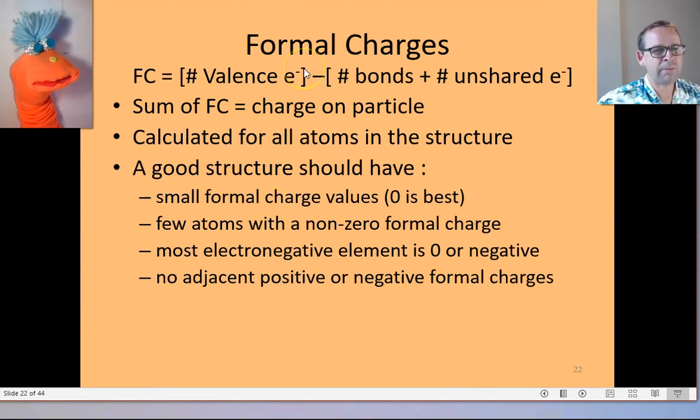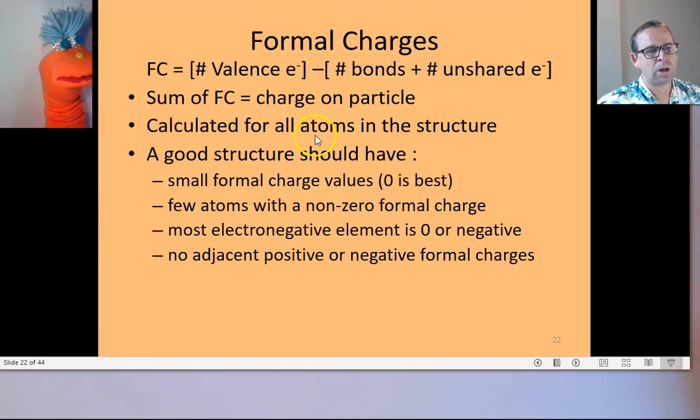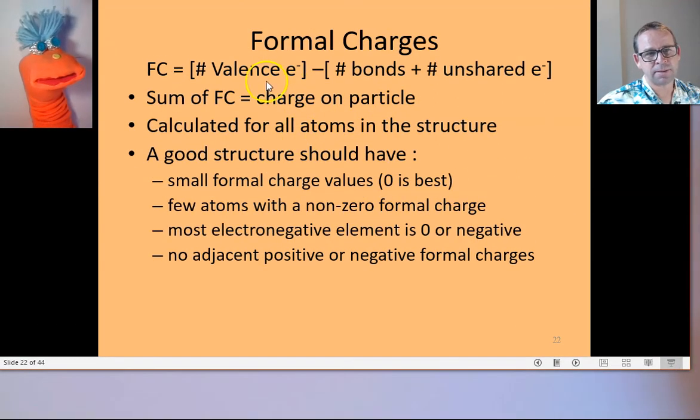This idea of having the appropriate number of electrons right around them is called their formal charge. And essentially what you're looking at is the number of electrons that they brought, their valence electrons, minus the number of bonds and unshared electrons. All right? So the formal charge then is the number of valence electrons minus those values.